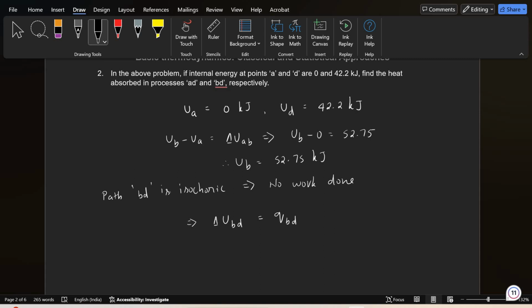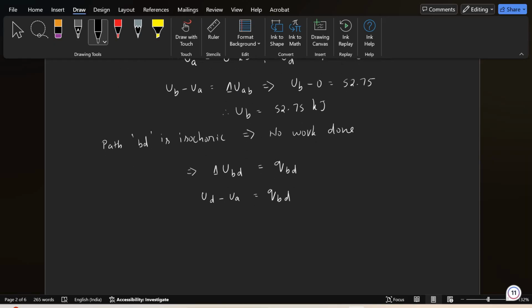What is delta U BD? Final is D, so UD minus UB, which is Q BD. We know the UD value is already given, 42.2. So 42.2 minus 52.75 is equal to Q BD. And this is going to be negative because they're asking about heat absorbed, correct?